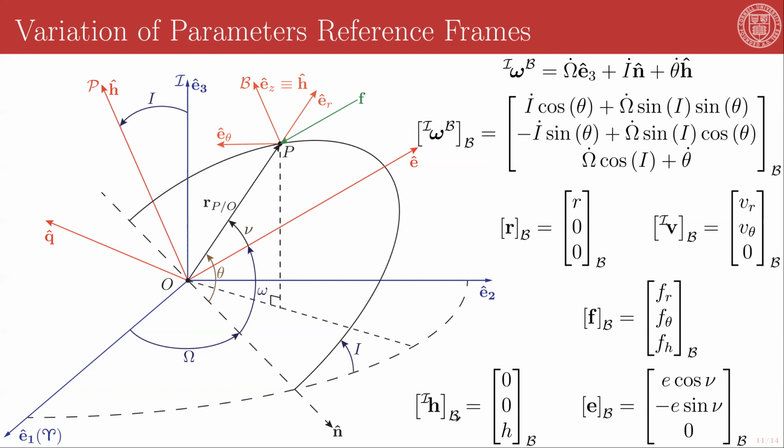The angular momentum in the B frame is always given as 0, 0, and its magnitude in the h hat direction. And finally, the eccentricity vector is given by the eccentricity magnitude times cosine nu in the e_r direction, and negative the eccentricity magnitude times sine nu in the e_theta direction, again with the eccentricity vector always lying in that instantaneous parafocal plane of the orbit.